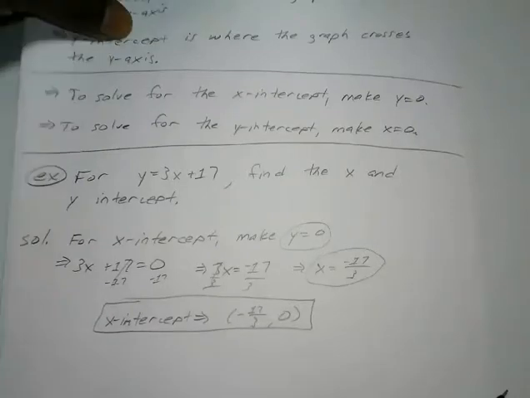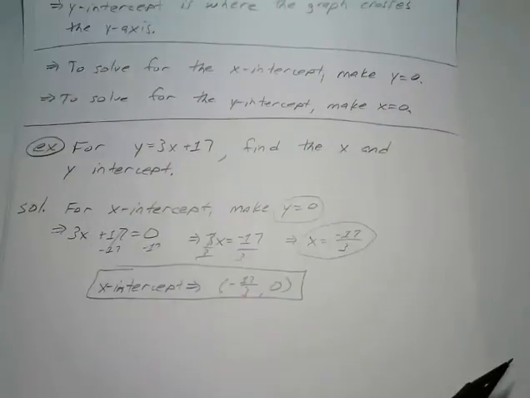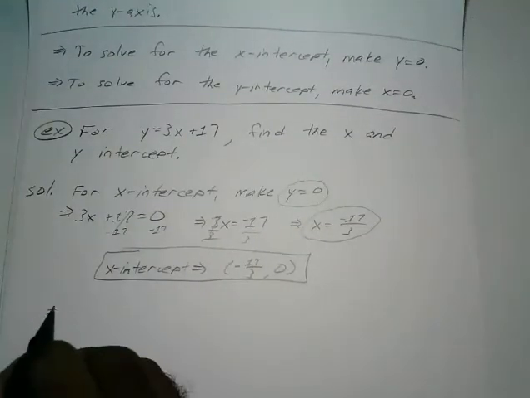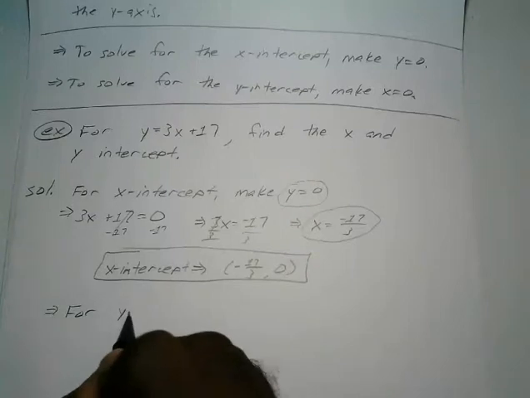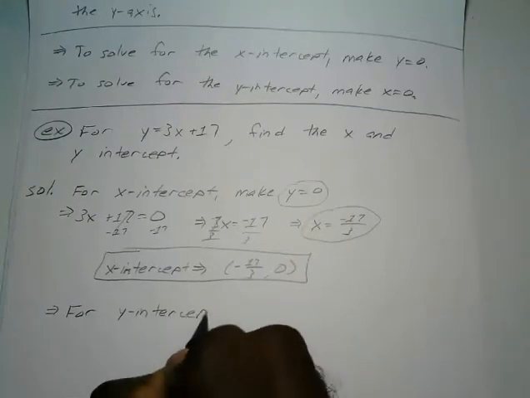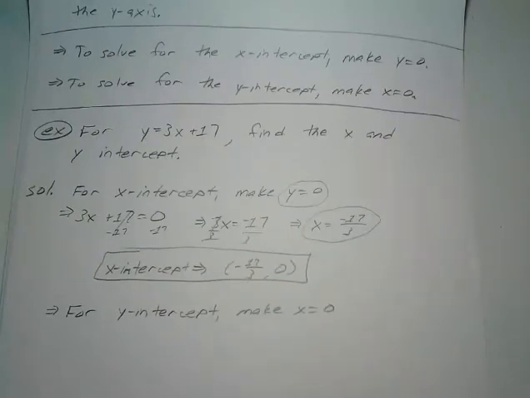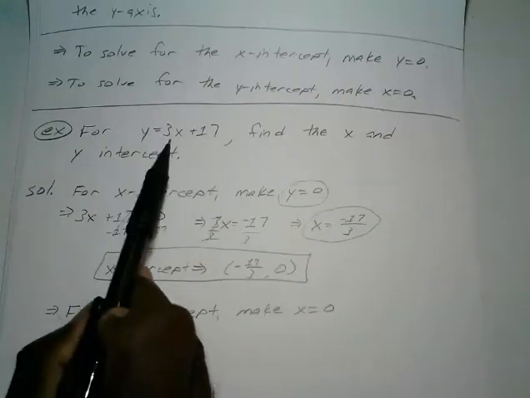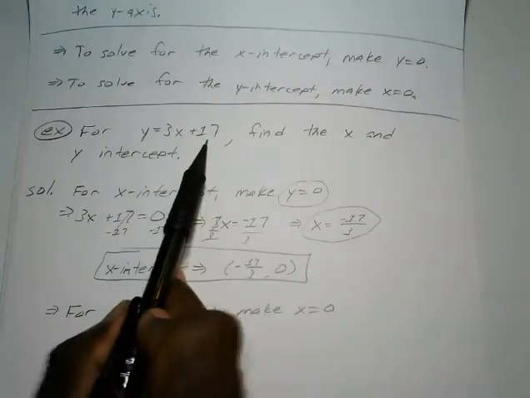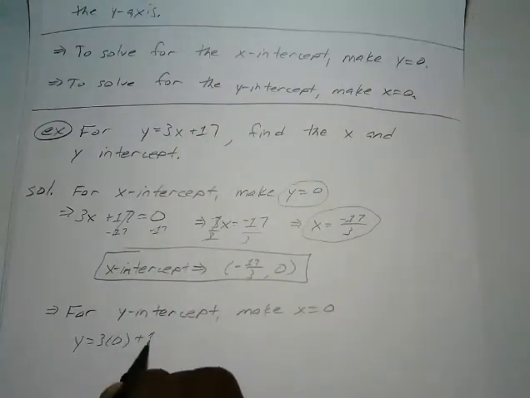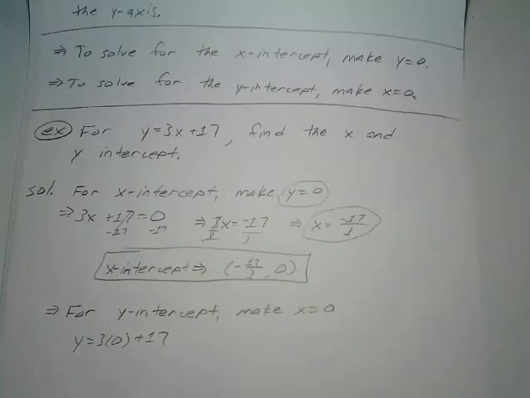All right, so now we do the same thing for our y-intercept. So remember, for your y-intercept, you make x equals 0. So remember you had y equals 3x plus 17. So we make x equals 0. That's y equals 3 times 0 plus 17. 3 times 0 is 0.